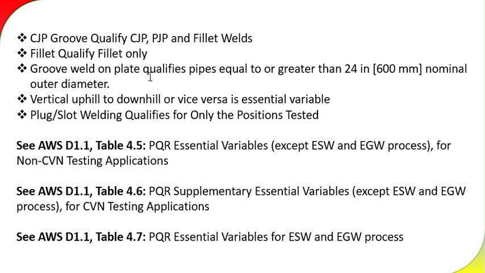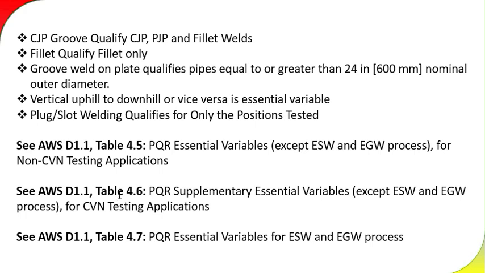Now AWS D1.1 table 4.5. What is there? PQR essential variable changes except ESW electroslag welding and EGW electrogas welding processes. This table is for PQR essential variables for non-CVN testing applications, meaning Charpy V-notch impact testing is not required.